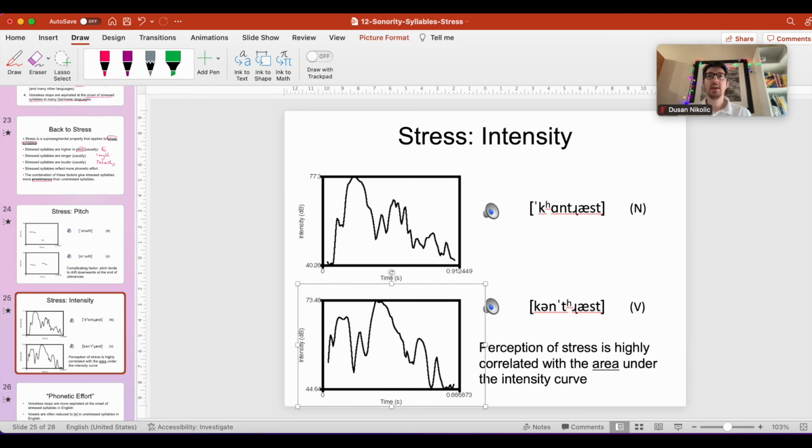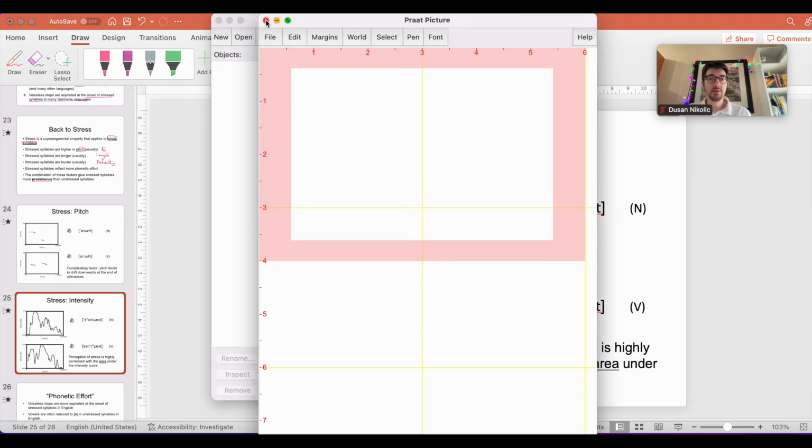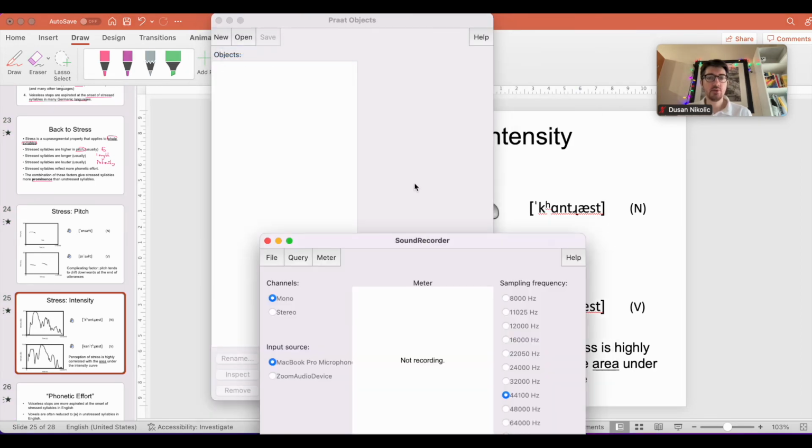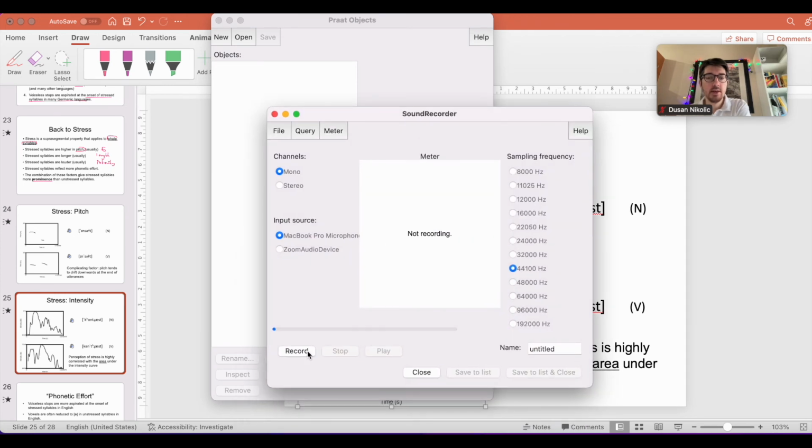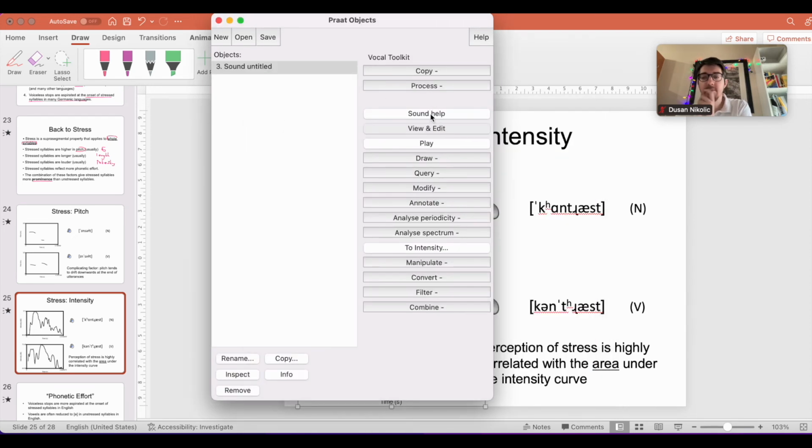And we can give this a shot maybe in Praat. Let's try to record it while we can. Contrast, contrast. Maybe I emphasize the first word too much.